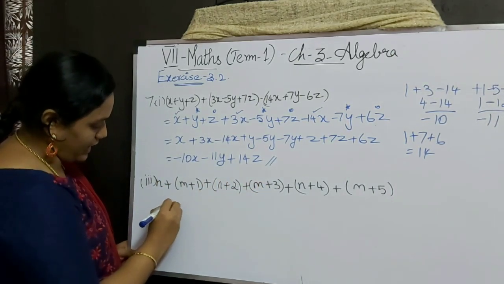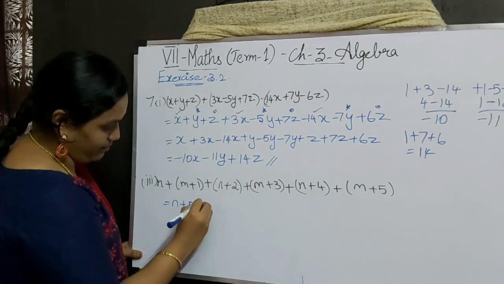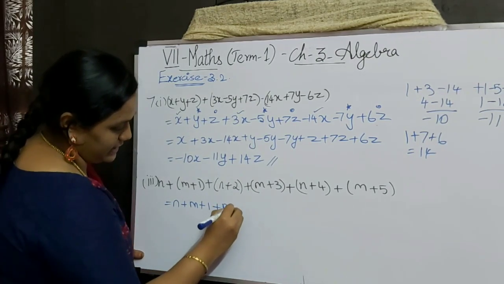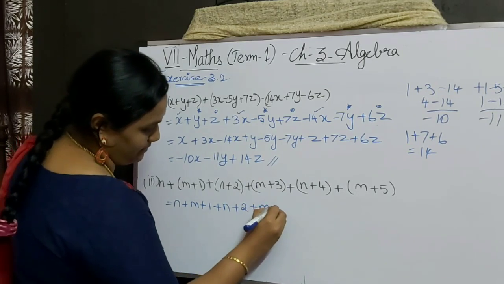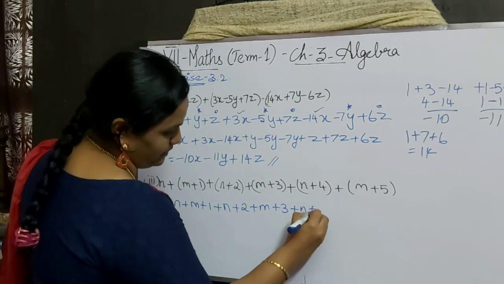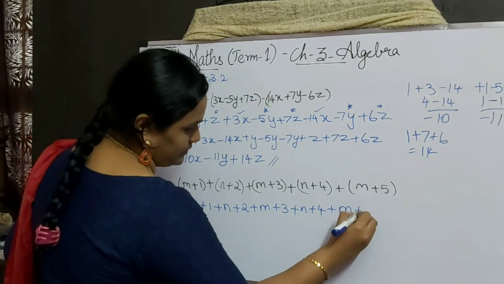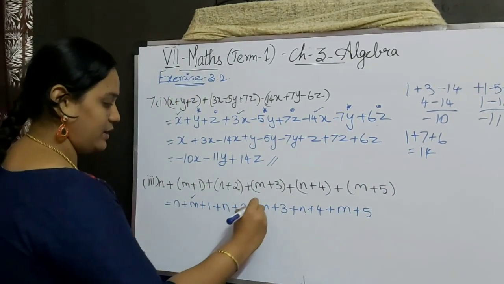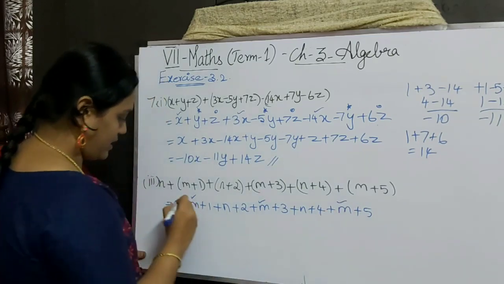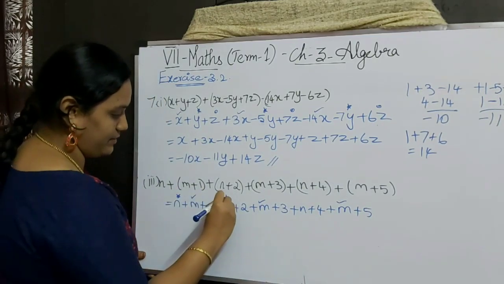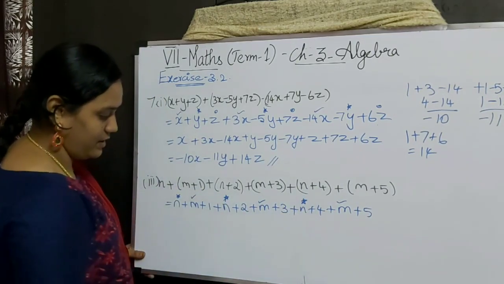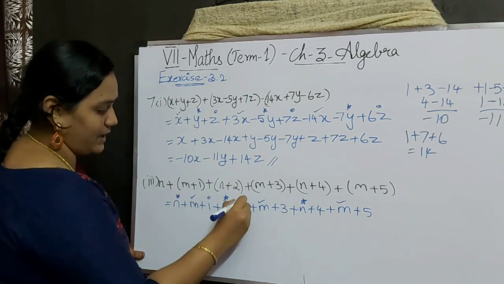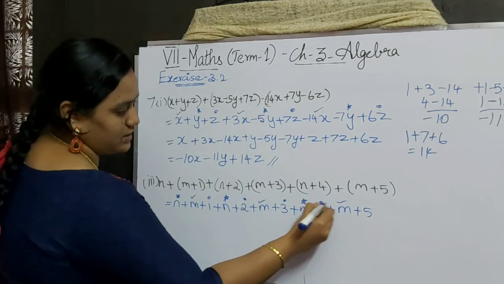Okay, so n plus m plus 1 plus n plus 2 plus m plus 3 plus n plus 4 plus m plus 5. Now we have to analyze m terms. I am putting tick for m terms and star for n terms, and constant terms I am marking with a dot.